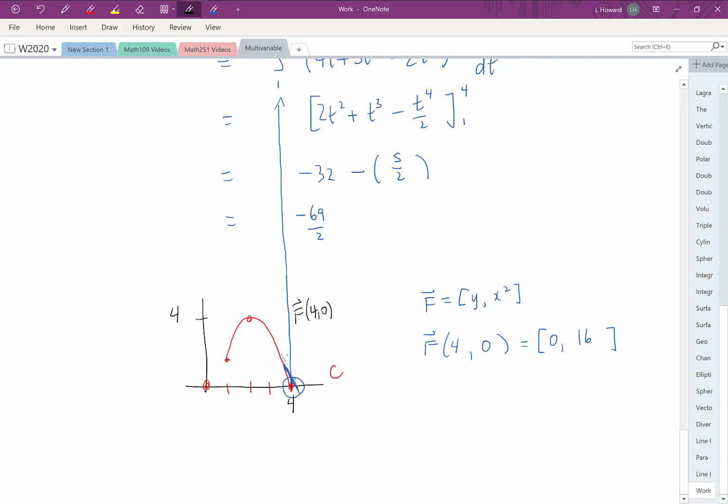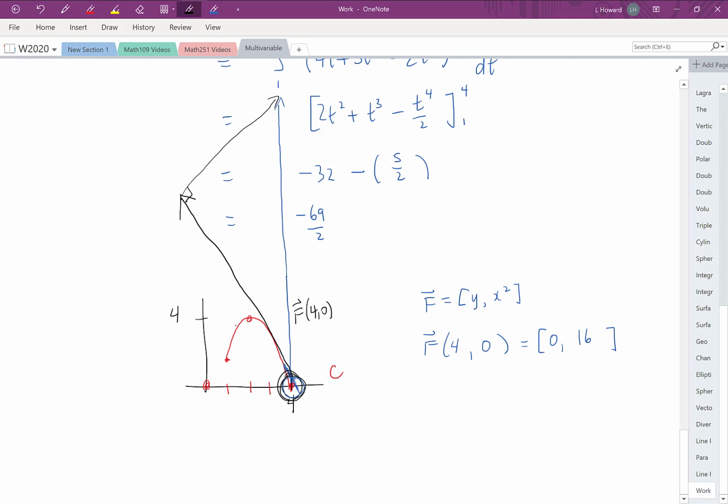If you resolve that force into components parallel and perpendicular to your curve, you get this huge vector going this way, and another one going perpendicular like that. Now we can start to understand physically why the work might be negative, because certainly in this region, near this point, the force is acting in a direction opposite to the direction of the curve.